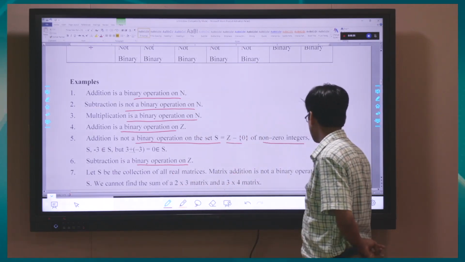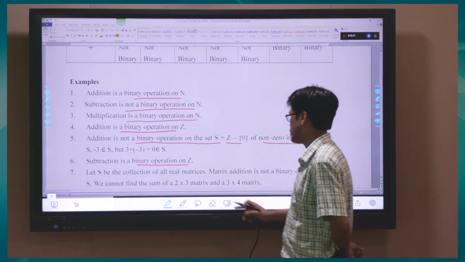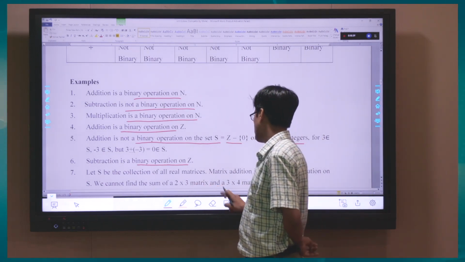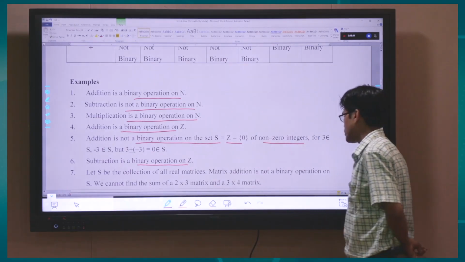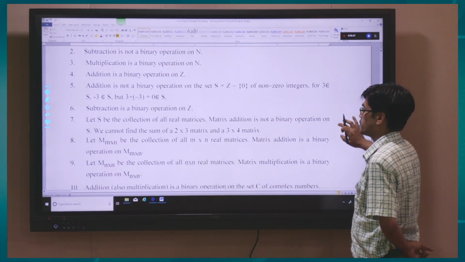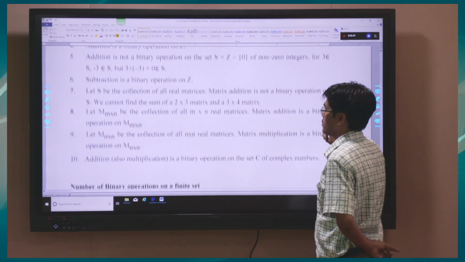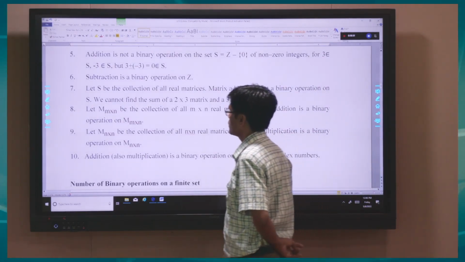Matrix addition is not a binary operation on S, so we cannot find the sum of a 2 cross 3 matrix and a 3 cross 4 matrix.